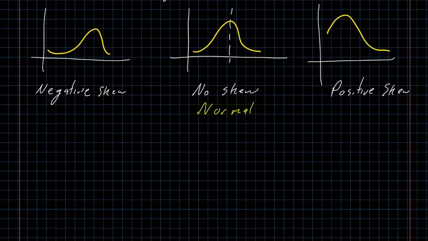So some key features that we can see in this graph. It is symmetric about the mean. There's an average value where I have the dotted line drawn, and the graph looks very similar on either side of that.